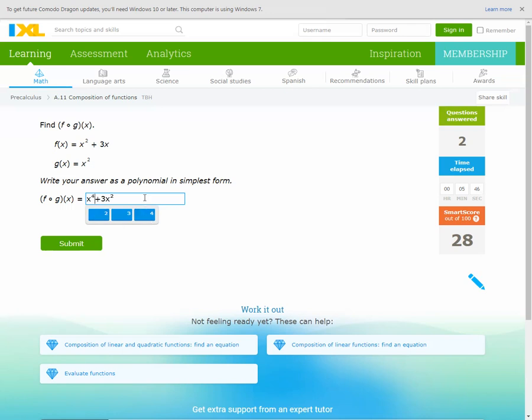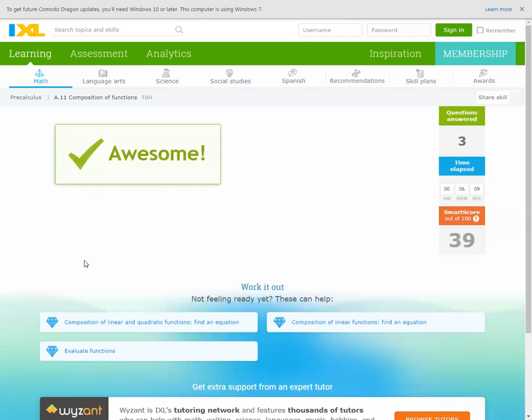You now have x power 4 plus 3x power 2. Once again, I picked up the function g, it's x power 2, and put it instead of x above. So the function f circle g of x is x power 4 plus 3x power 2. Submit now.